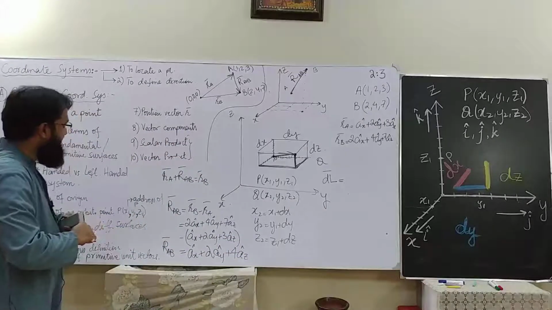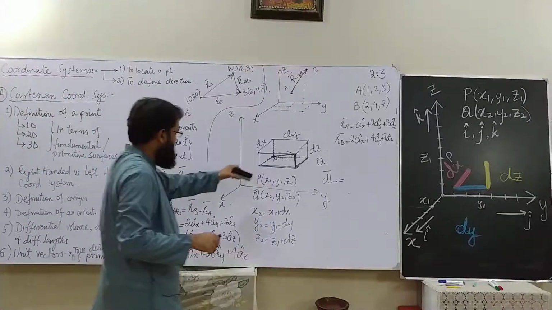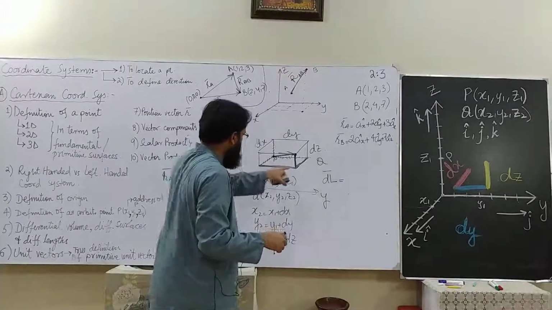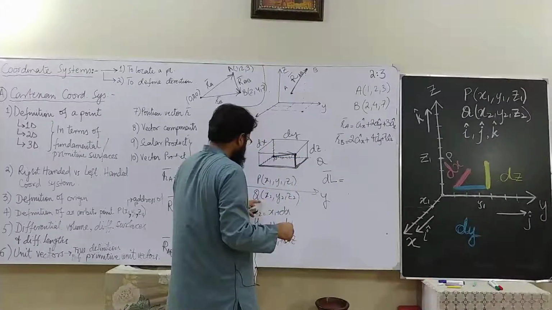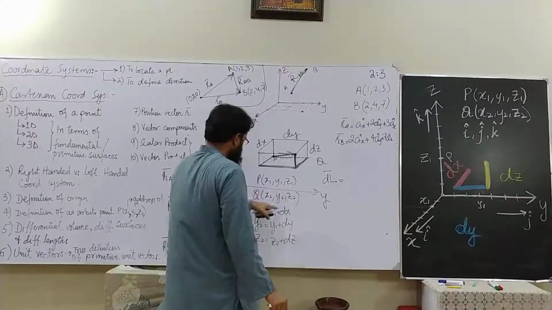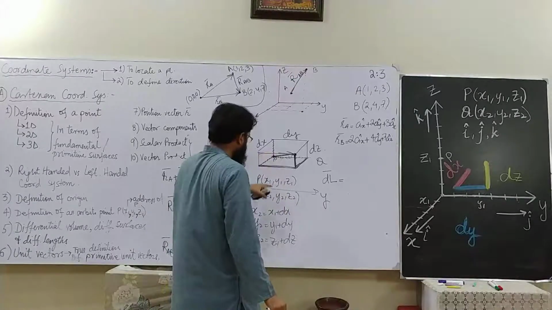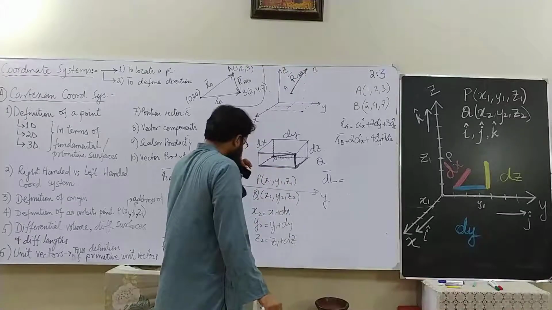If we apply the same method here, we know that Q has coordinates x2, y2, z2, and P has the coordinates x1, y1, z1.